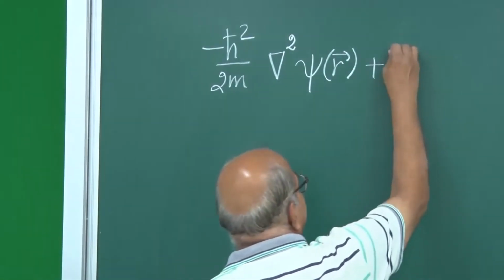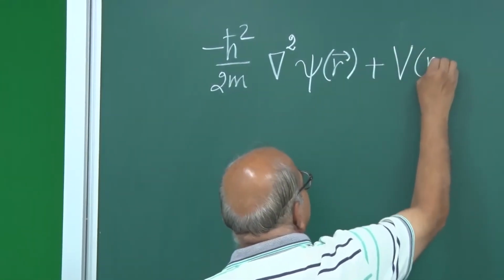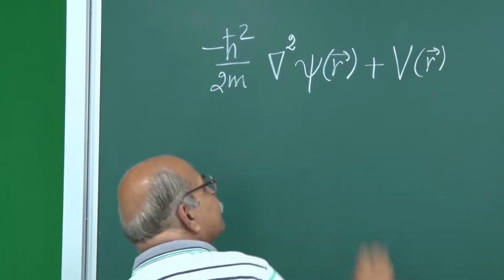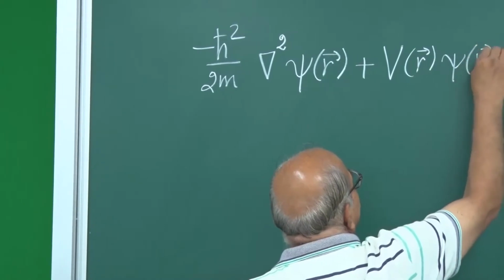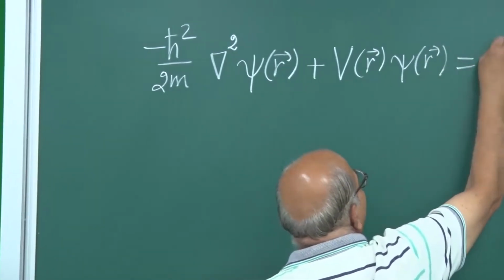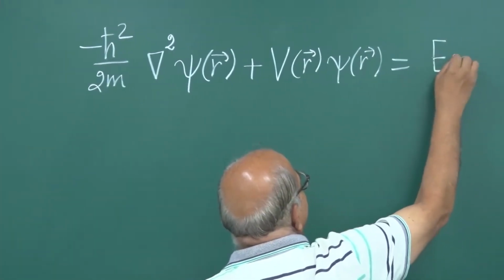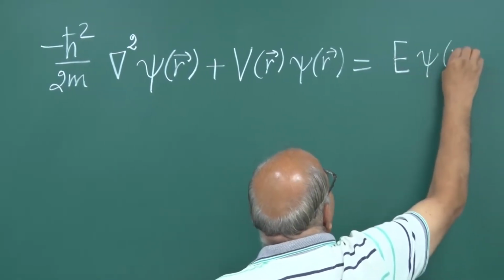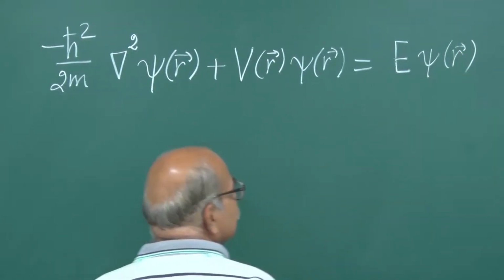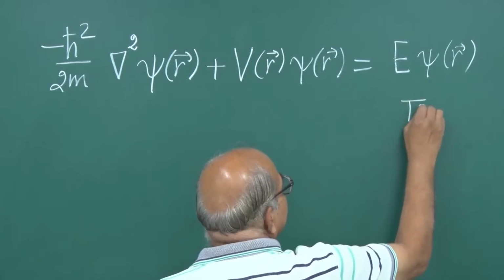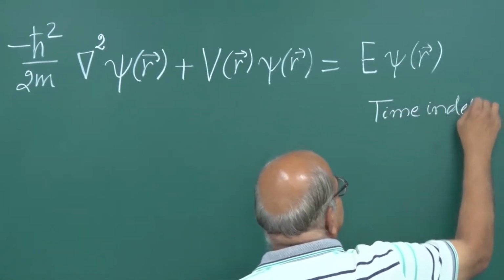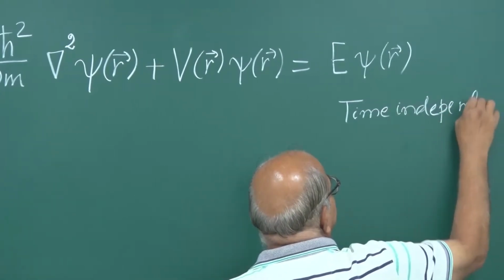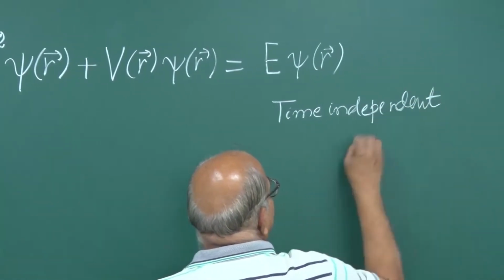People generally write V. V of this same position, and then psi of r, that is equal to E, this is energy, times psi of r. This equation is known as the time independent Schrodinger equation.